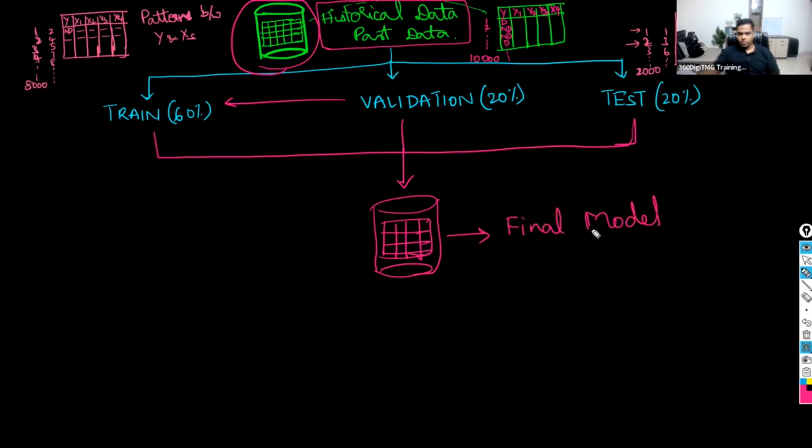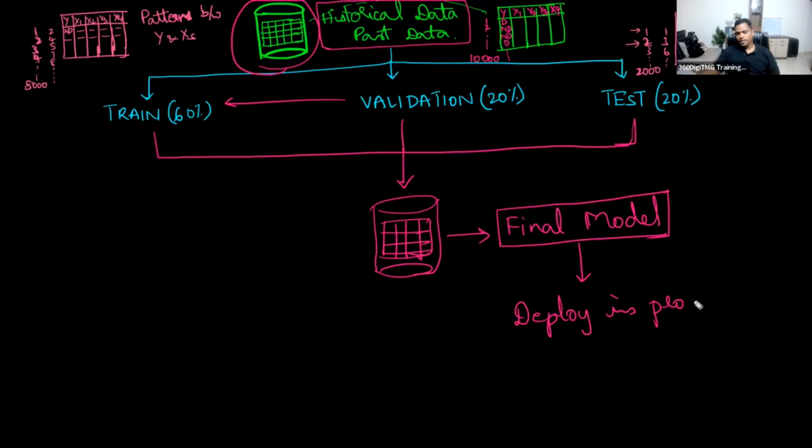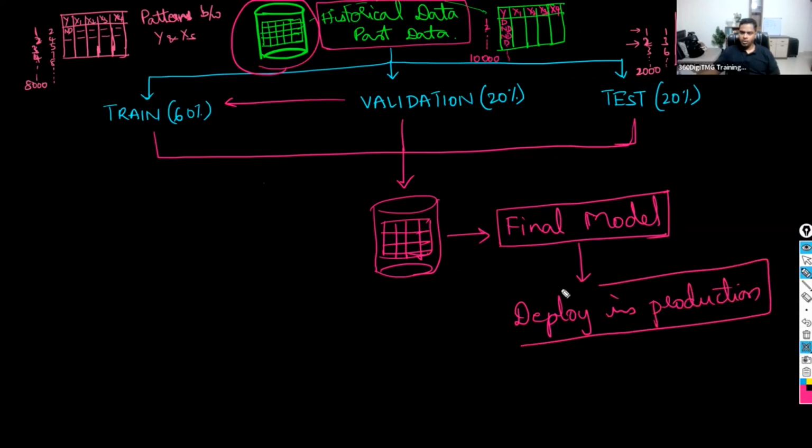You already figured out which model and what hyperparameters give you the best results. So you build the final model, and then you deploy this final model in production, and let your customers start using this deployed model for future data.